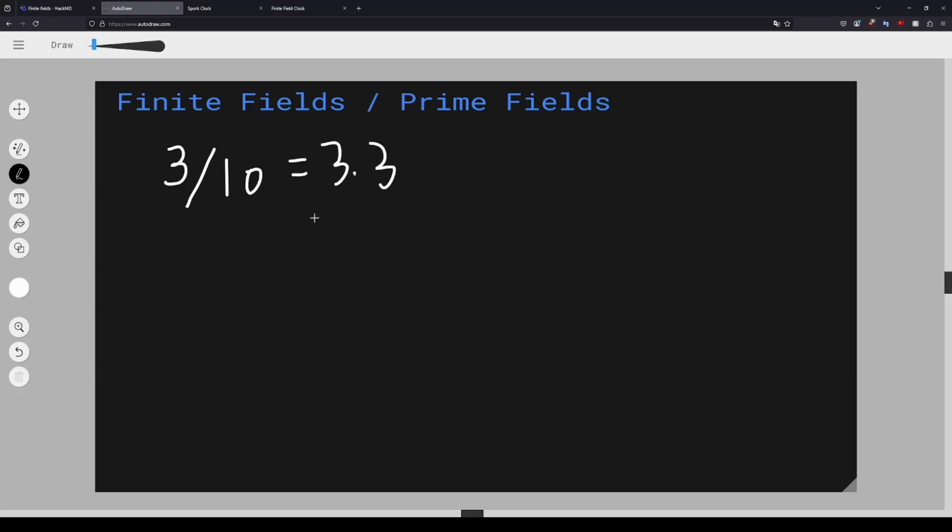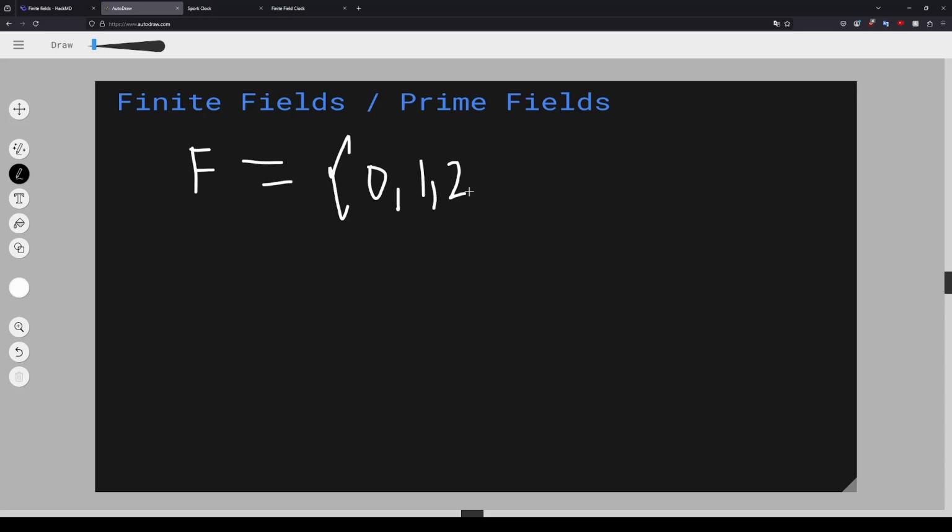Let's denote the finite field as F, and there will be only whole numbers, and only a limited number of them, not arbitrarily large integers. And it should be able to perform all arithmetic operations, namely addition, subtraction, division, multiplication, exponential, logarithm, and all of that.